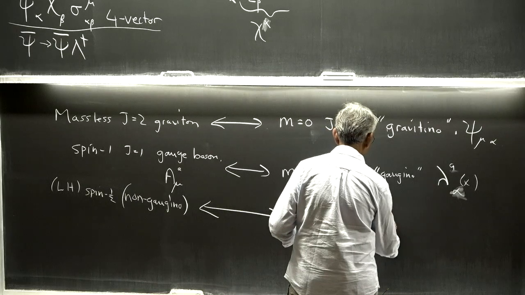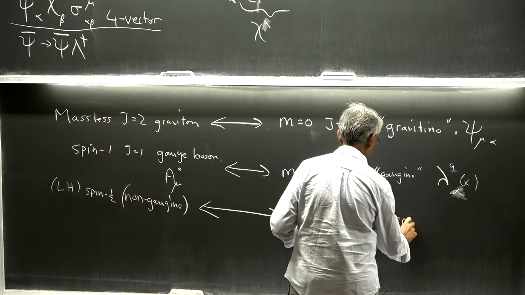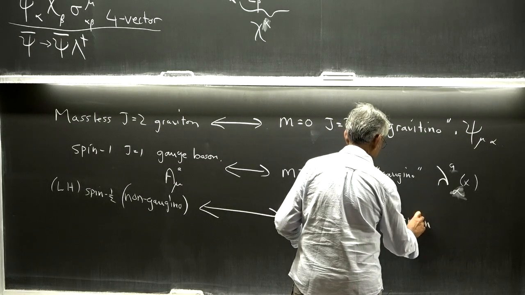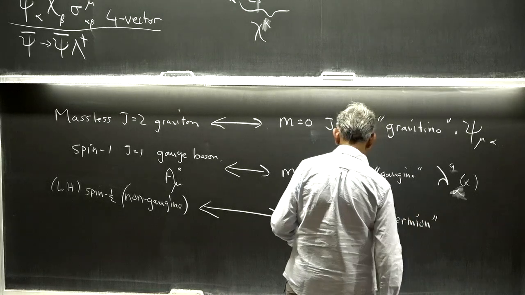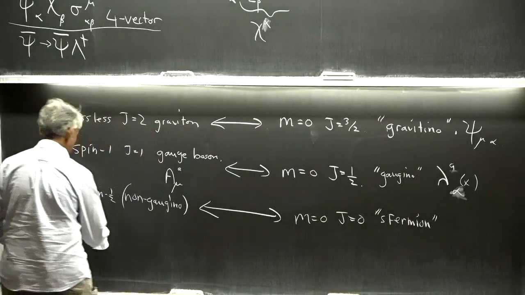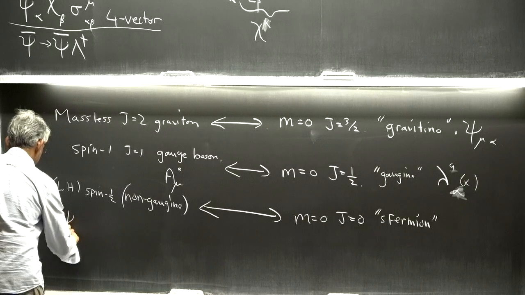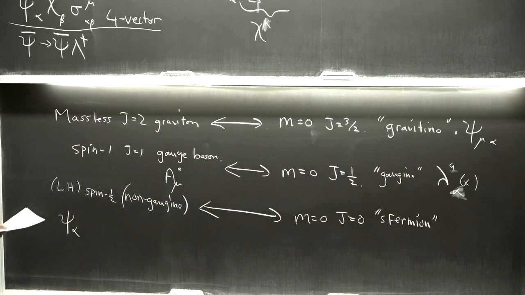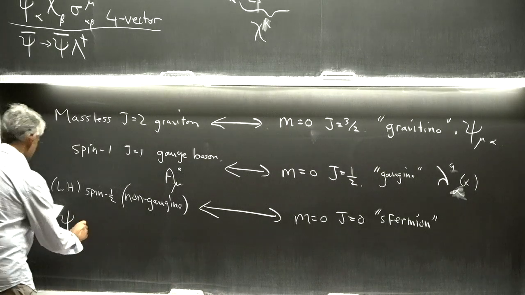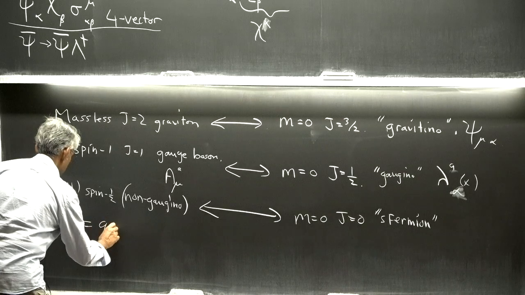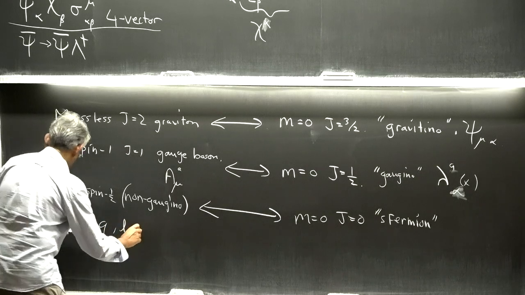Sometimes collectively we call these sfermions. But let's name the guys that we would care about. For example, in the standard model, we generically call these psi, and they would be left-handed quarks or left-handed leptons.